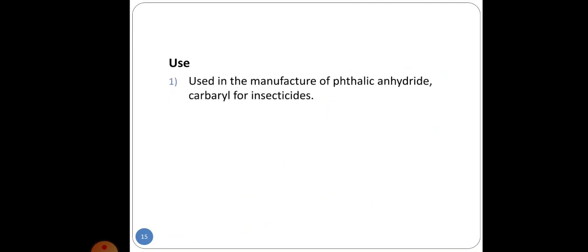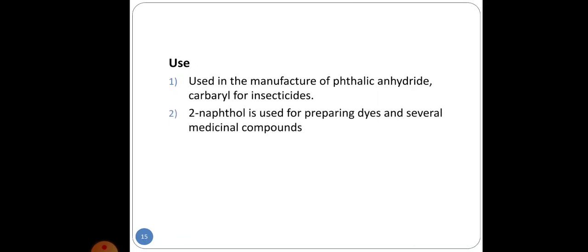Coming to the uses of naphthalene. First, it is used in the manufacture of phthalic anhydride and carbaryl for preparing insecticides. Second use is that 2-naphthol is used for preparing dyes and several medicinal compounds.